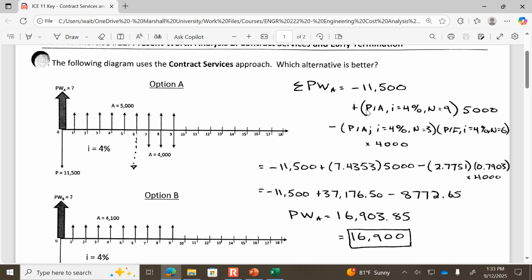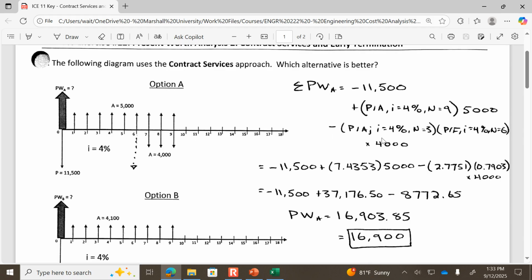So P/A, find P given A at 4% interest and N equals 9. In parentheses, that's just my little summary, a reminder of what factor I'm going to look up off of the table. So it's plus the revenue, 9 years of the revenue, minus this $4,000 in costs.